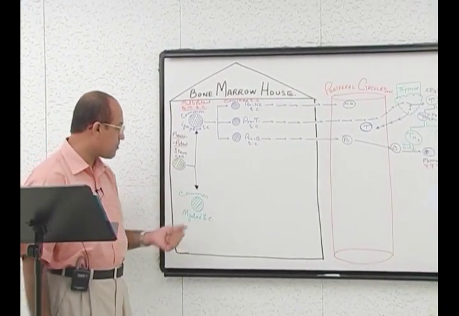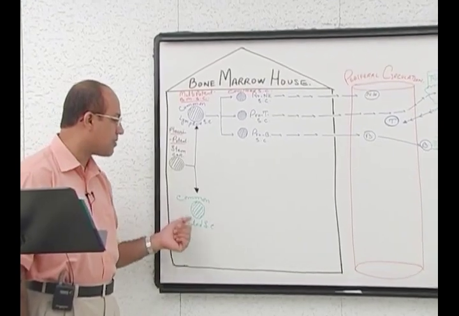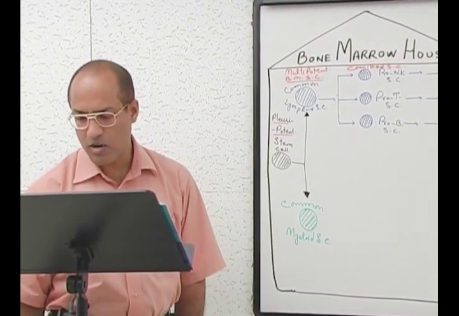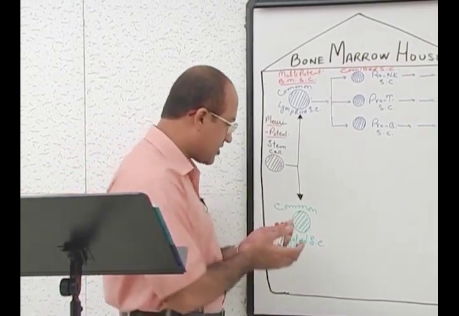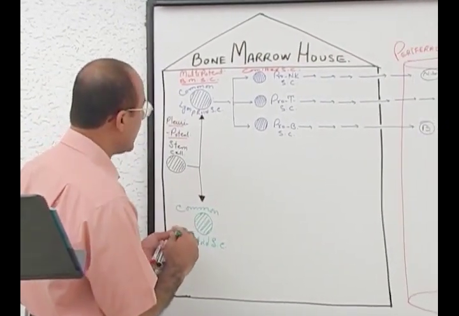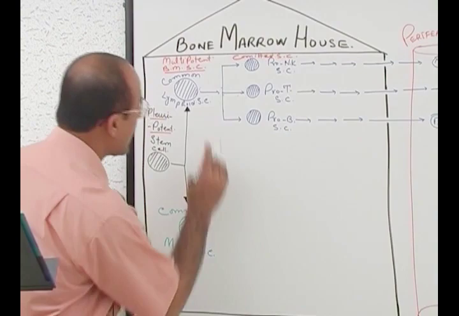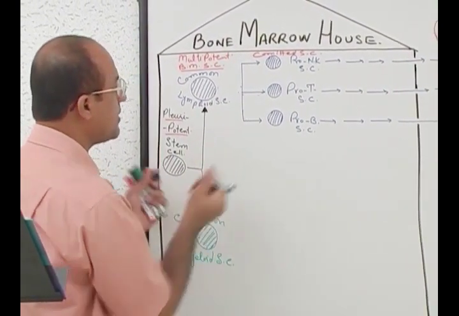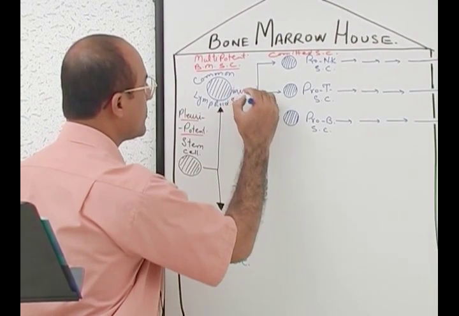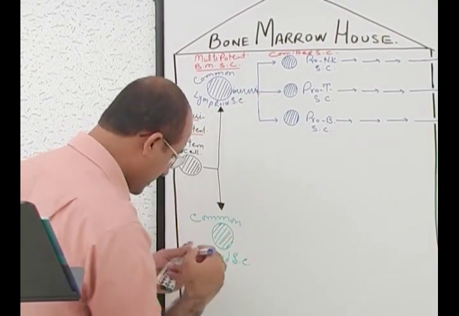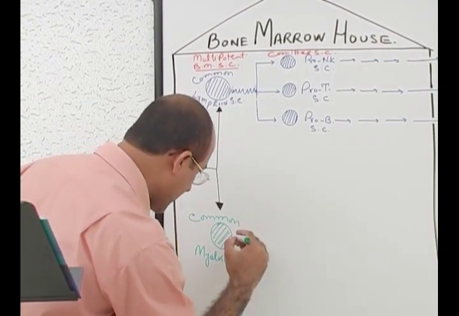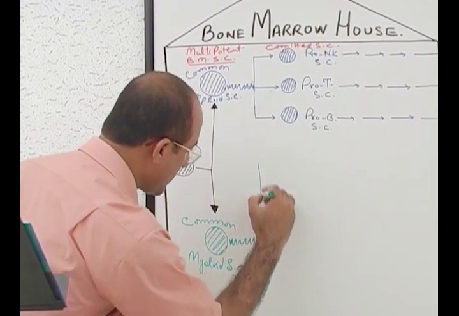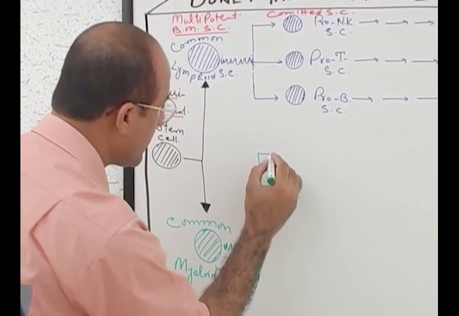Now we can come to the products coming from the common myeloid stem cell. Actually, as you have seen, lymphoid stem cell divides into 3 types of cells, right? In the same way, myeloid stem cell can also divide into 3 types of stem cells.